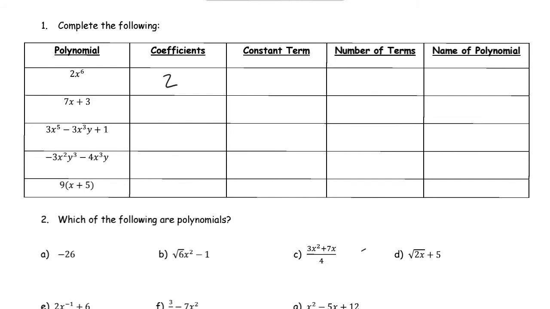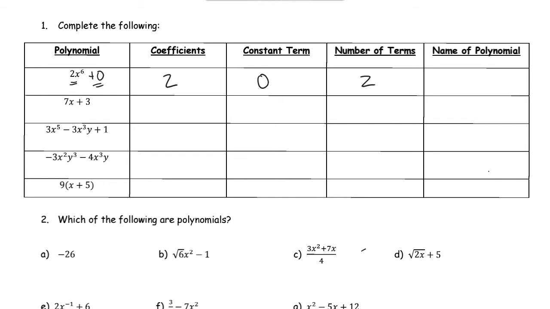Now, the next one's asking for the constant term. And I can understand why it might be very tempting, for example, to say, well, 0. Because when I take a quick look at this, I could write this conceivably as like 2x to the 6th plus 0. Now, the problem with that is, as soon as I write it like that, really the number of terms becomes 2. I've got this 2x to the 6th plus 0.